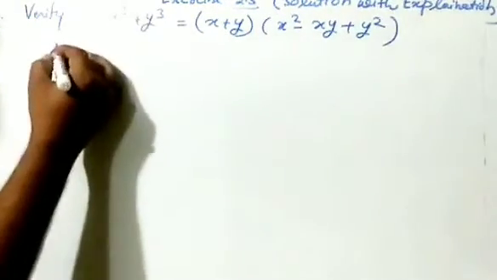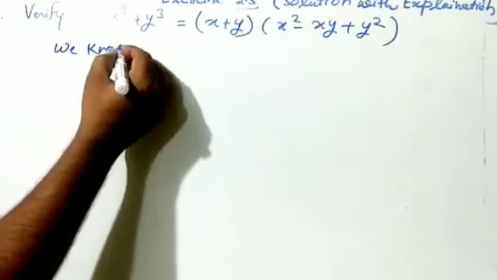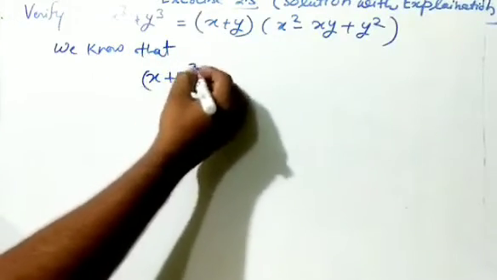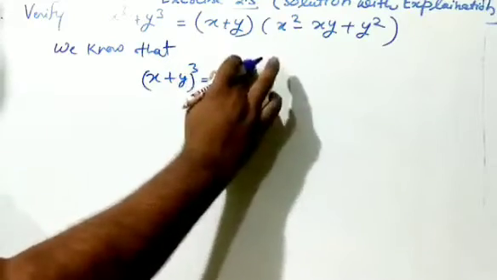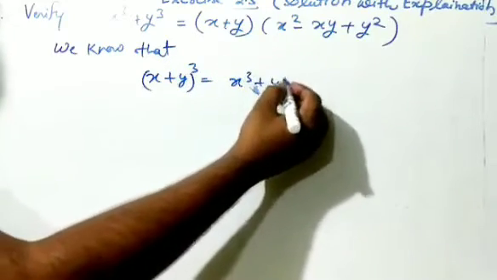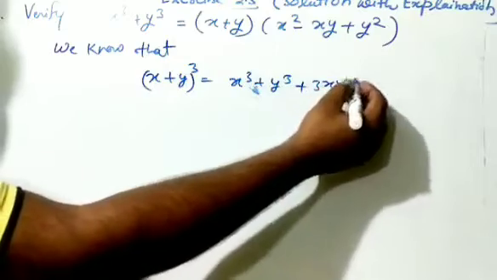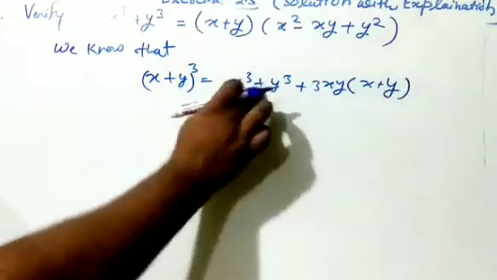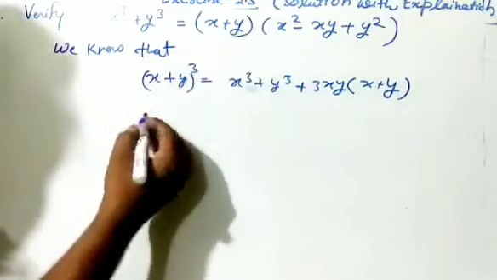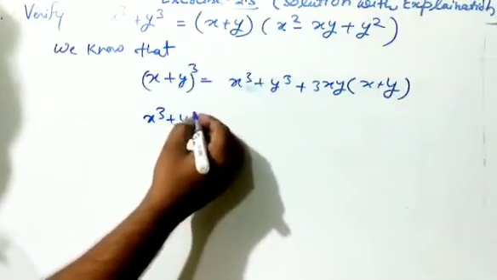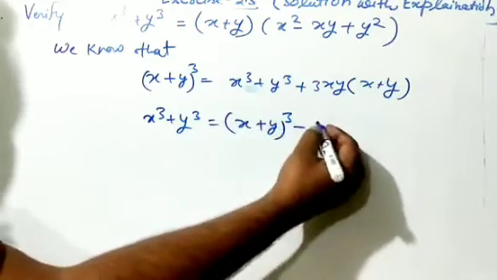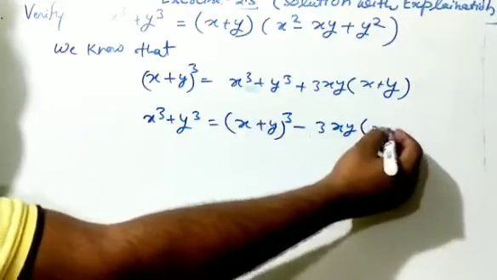We know that identity x plus y whole cube is x cube plus y cube plus 3xy bracket x plus y. Now we substitute this part. x cube plus y cube will be x plus y whole cube minus 3xy bracket x plus y.